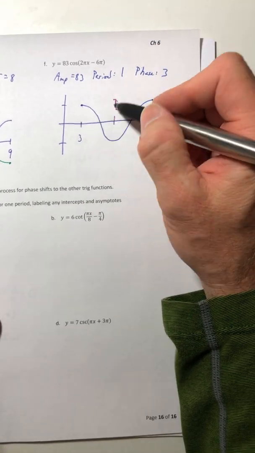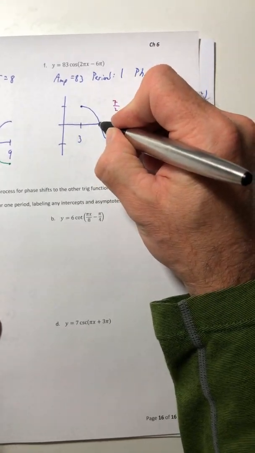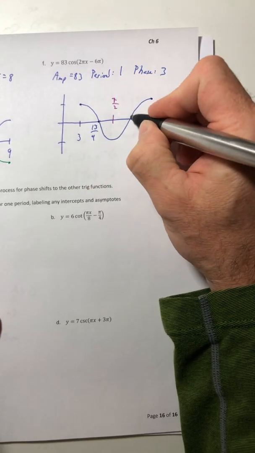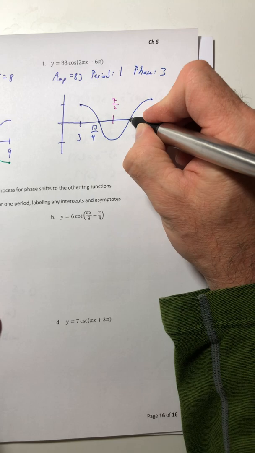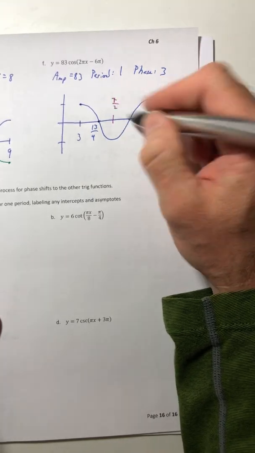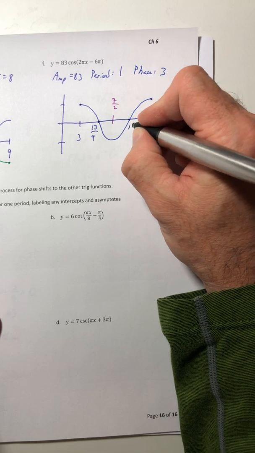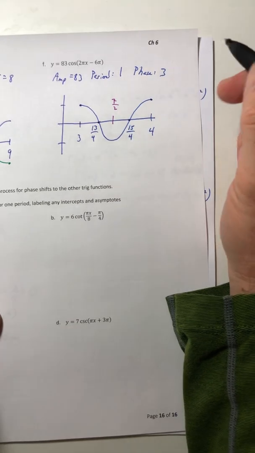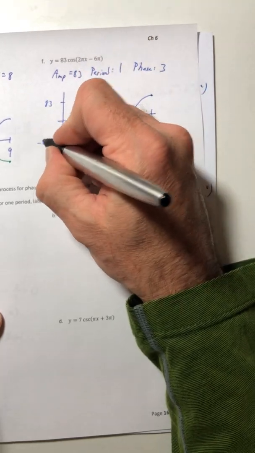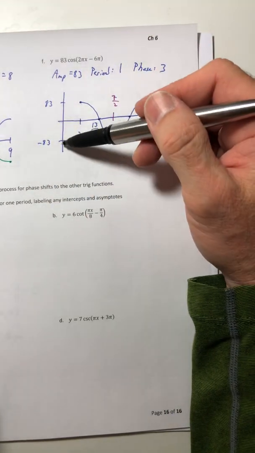And then in between 3 and 7 over 2, that would be 13 over 4. And then between 7 over 2 and 4, if you added those two up and divided by 2, so found the average, that would be 15 over 4. And then it's bouncing in between -83 and 83.